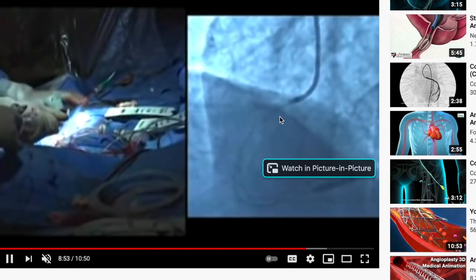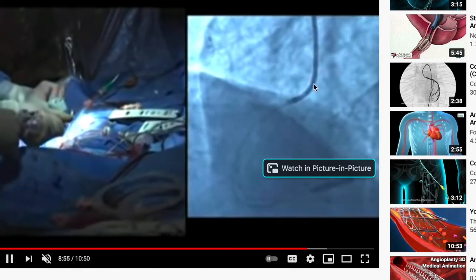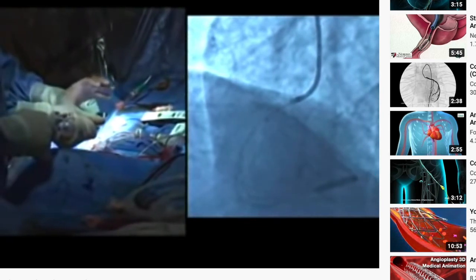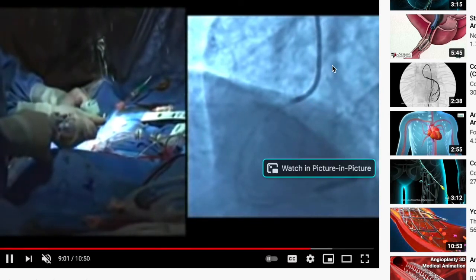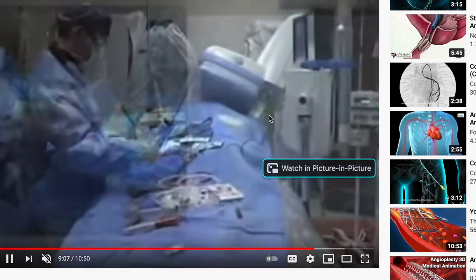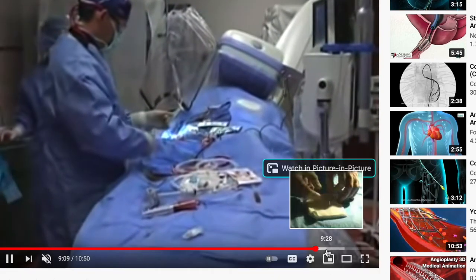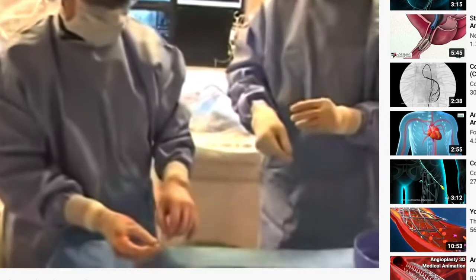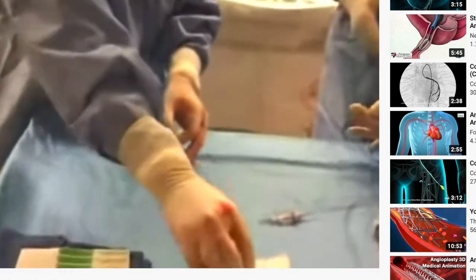And they're able to go in. They're going to use this balloon kind of thing. It's a very small balloon, but they feed it right into that area, and they try to push it past the clot. They're going to try to remove some of the clot. And then with the balloon, let's see, they'll show that to you soon. Here we go.